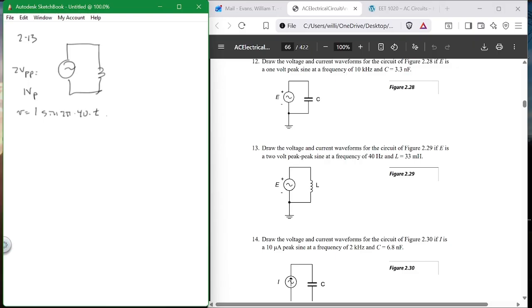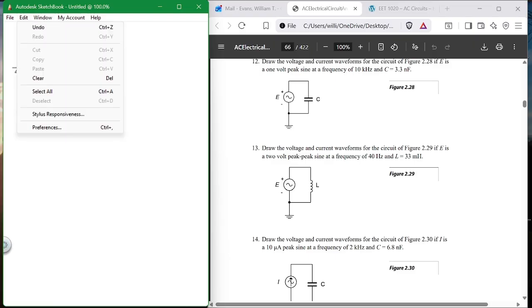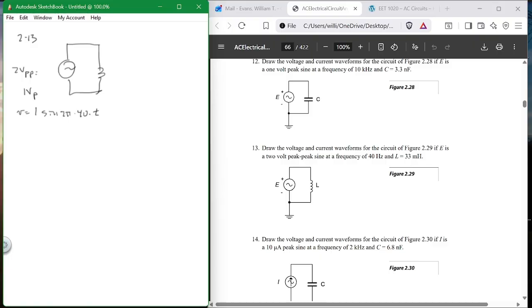That's my voltage, and you don't have to label it as V peak because it's understood when you write this that it is peak. All right? So that's the peak value. That's the peak that it goes to.